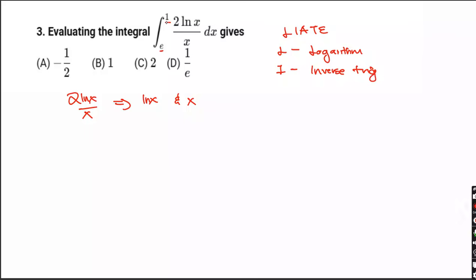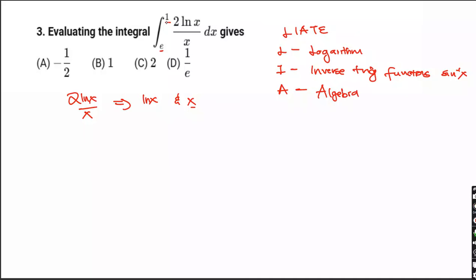So inverse trig functions, if you have something like sine inverse of x, cos inverse of x, arcsine, arctan, you need to choose those first. Then A is for algebra, all the functions that are in the form of algebra. For example, this x is in the form of algebra.